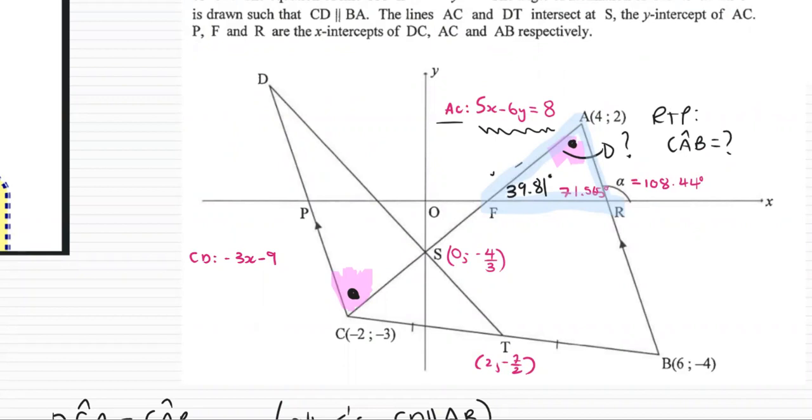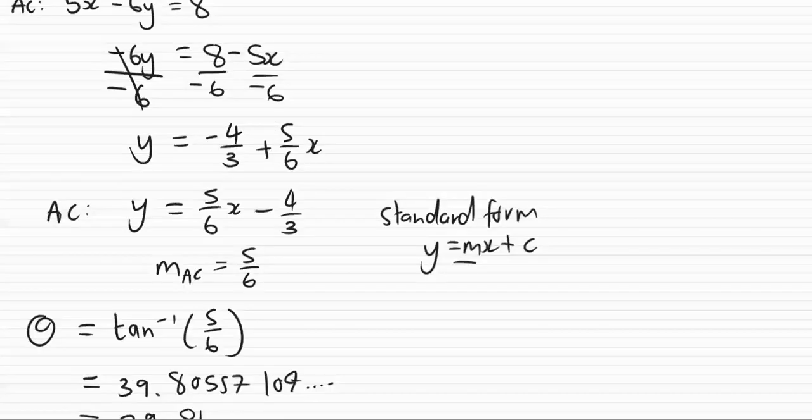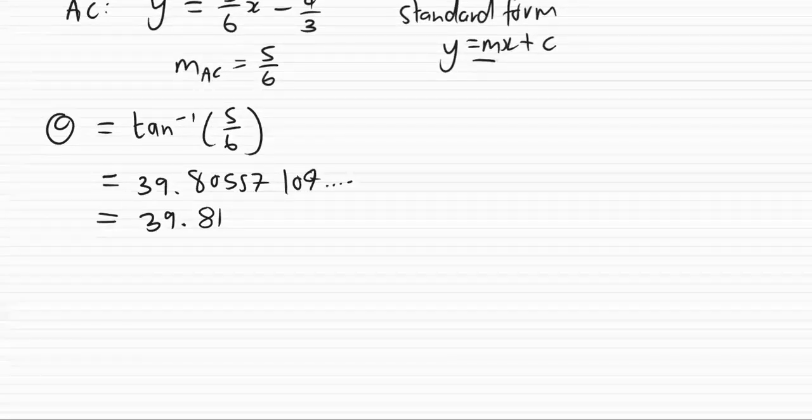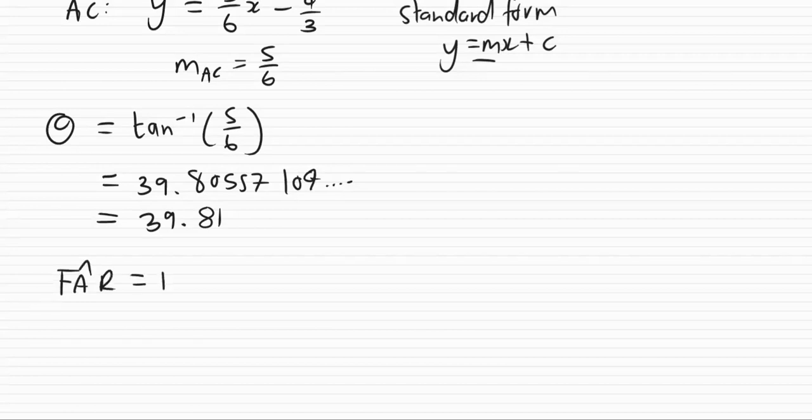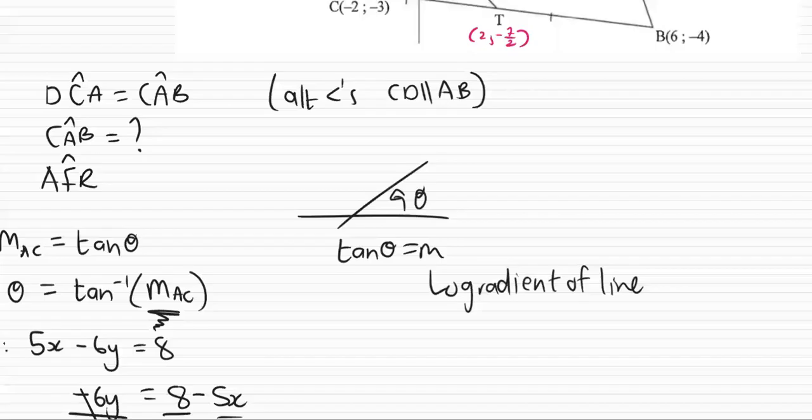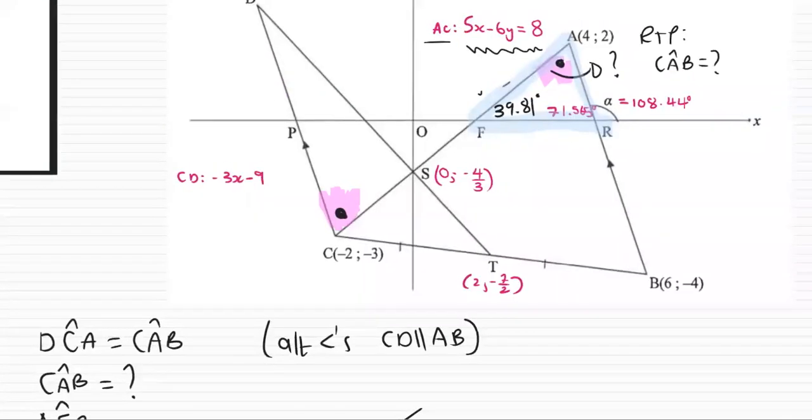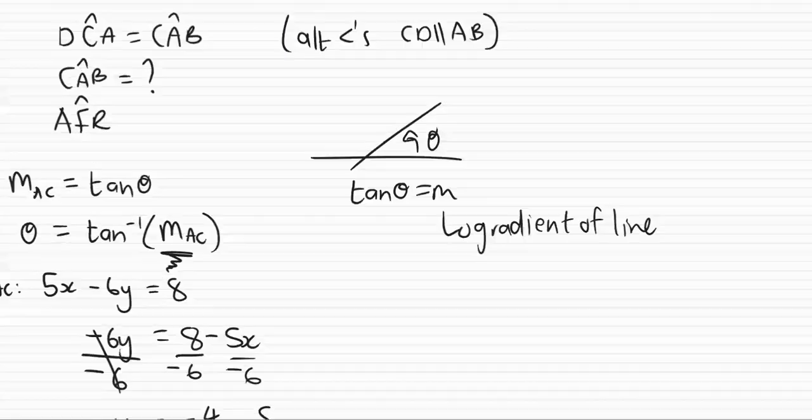Okay, we've got everything we need. The final step in order to get angle FAR is to take the interior angles of a triangle. So it's 180 minus 39.81 minus the third angle that we already had from a previous question, which was 71.565.